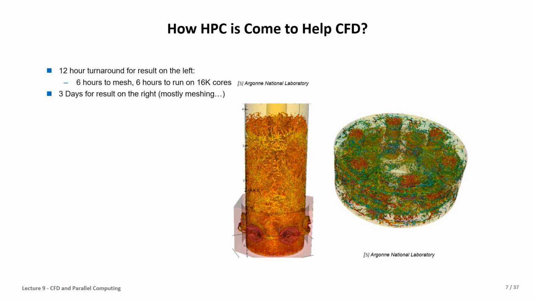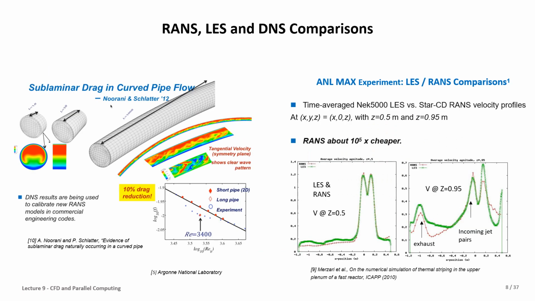Then for large problems and turbulent regime problems, using CFD, HPC resources are essential. Now let's have some examples of RANS, LES, and DNS, and some comparison regarding the result and also the cost.